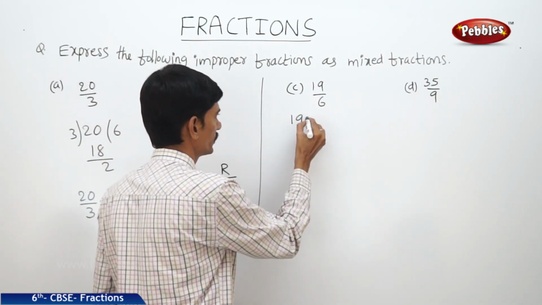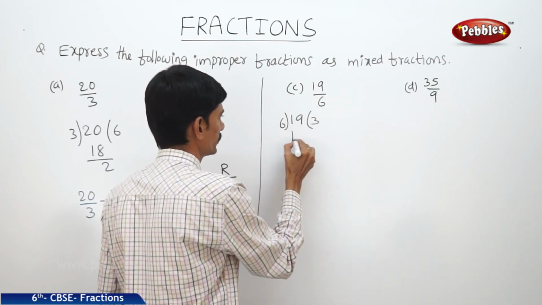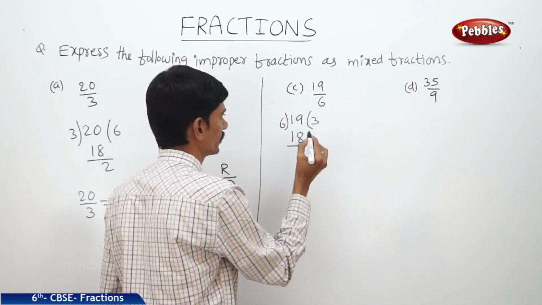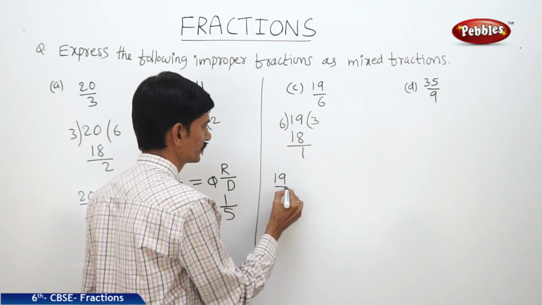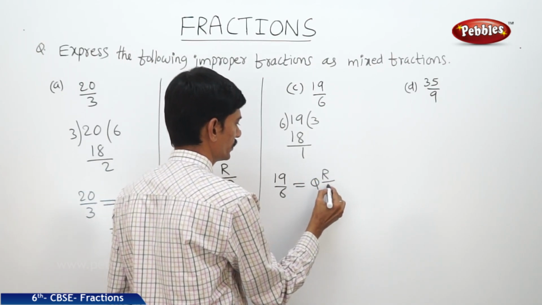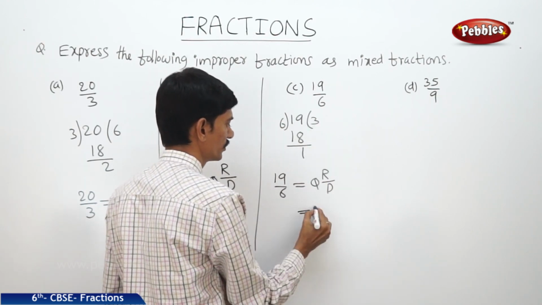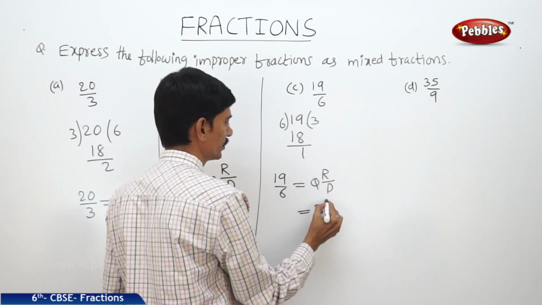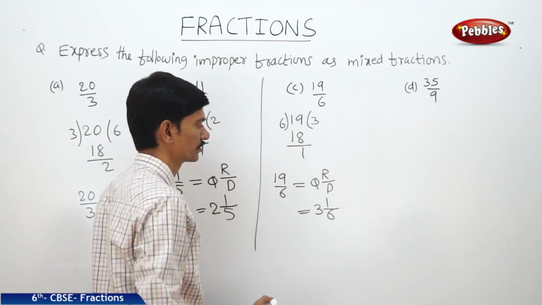So when you divide 19 by 6, 6 3s are 18, the remainder is 1. So then 19 by 6 equals quotient, remainder by divisor. So this equals, quotient is 3 and the remainder is 1 over divisor 6. So it is 3 1/6.